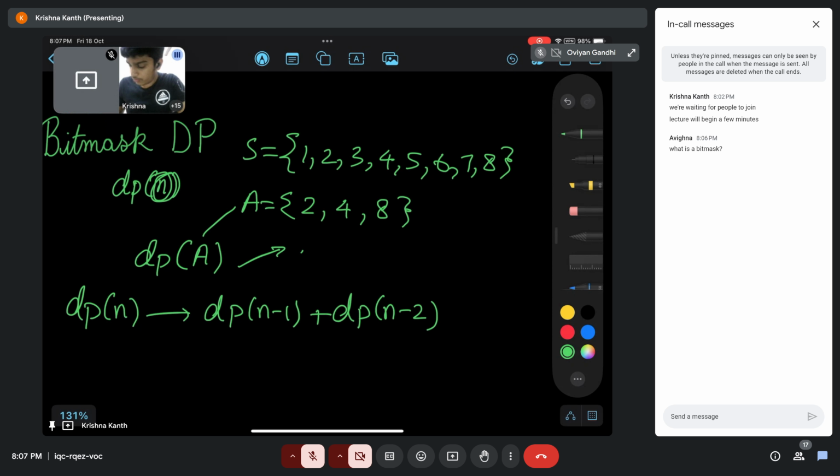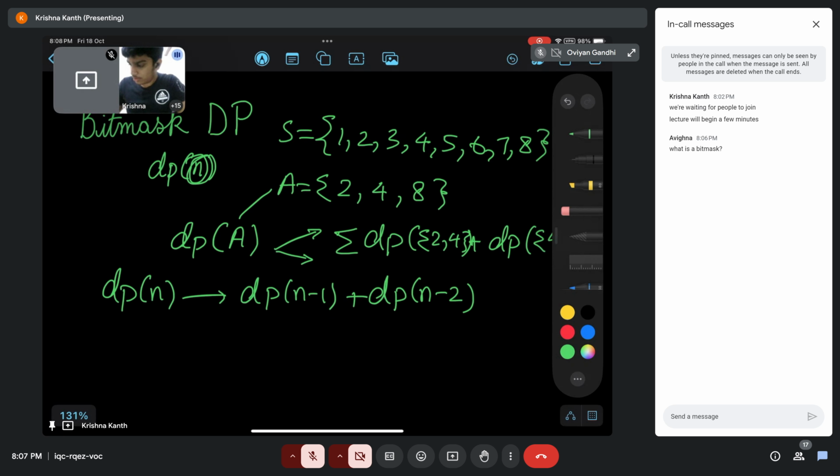Here DP of A would depend on the smaller subsets of it. Like maybe it would be the summation of DP of 2 comma 4 plus DP of 4 comma 8 or something. So you get the idea, right? It's basically you're doing DP on subsets of an array.